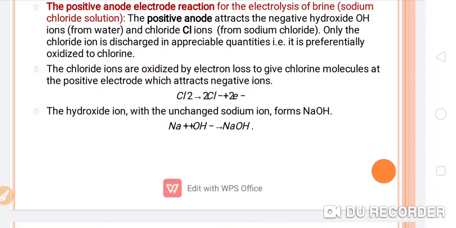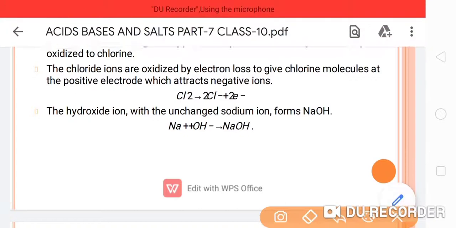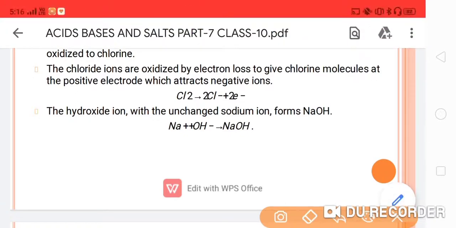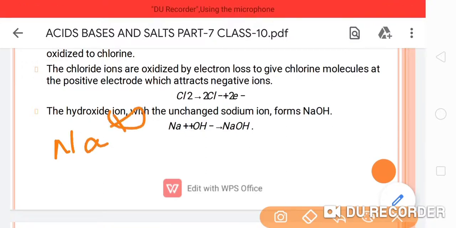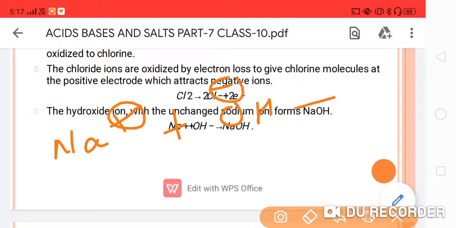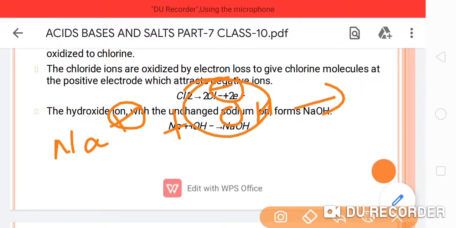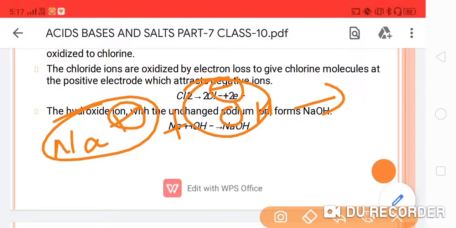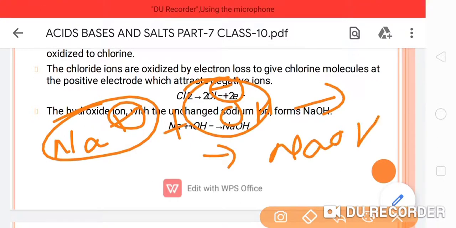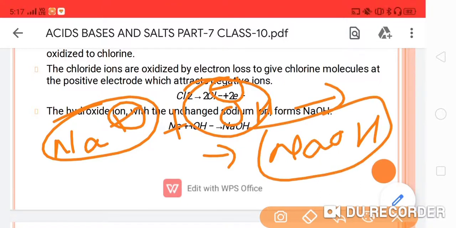Sodium ion forms sodium hydroxide, meaning after the discharging of the H positive and the Cl negative, two particles remain in the container, Na positive and OH negative, and both having opposite charges, they will interact with each other and convert into a neutral form, that is a base. So sodium hydroxide will form.